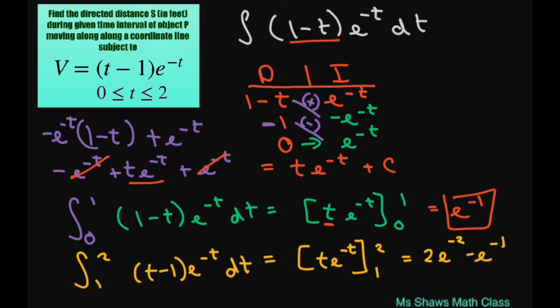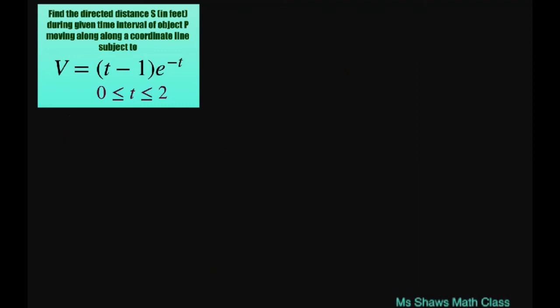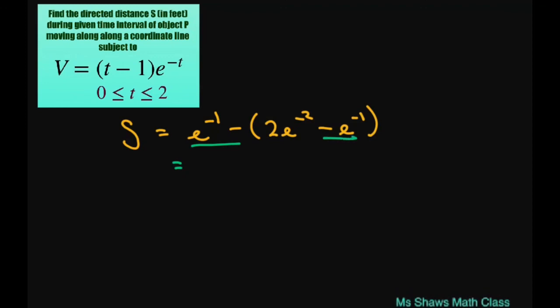Putting it all together, we take this one minus that one. Your directed distance equals e to the power of negative 1 minus the quantity 2e to the power of negative 2 minus e to the power of negative 1. There are two of these e to the power of negative 1 terms, because the minus and the negative make a positive.